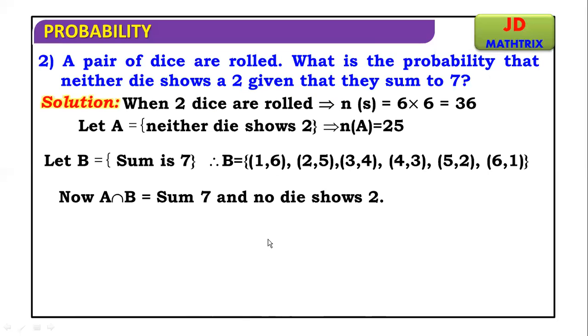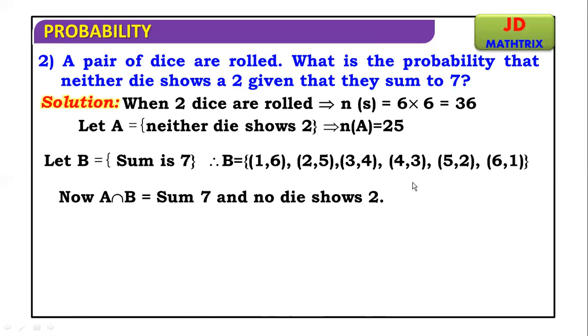So therefore, the favorable chances belong to the set B, because the event B has occurred first. So in this B only we have to verify our favorable chances. We have to find the favorable chances from the set B. That means sum 7 and no die shows 2.